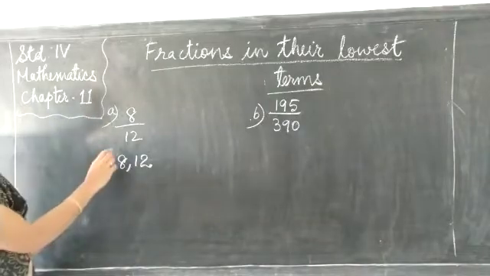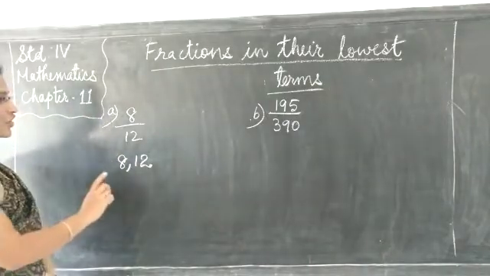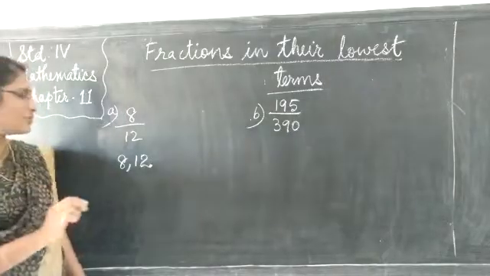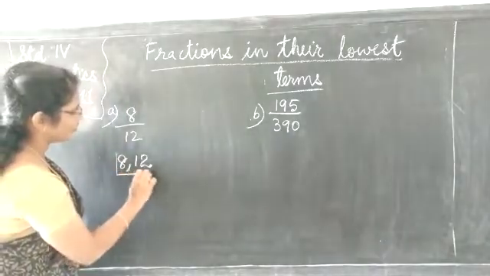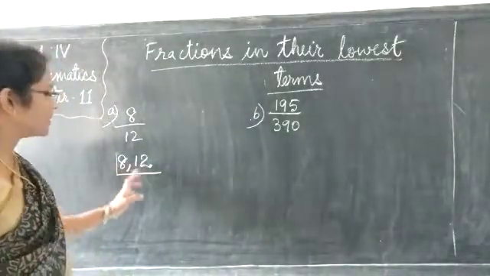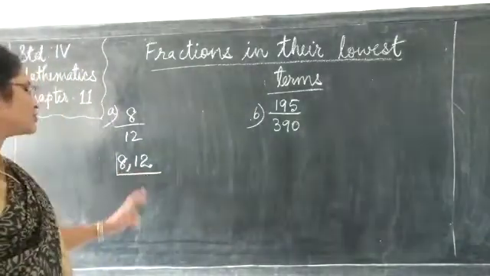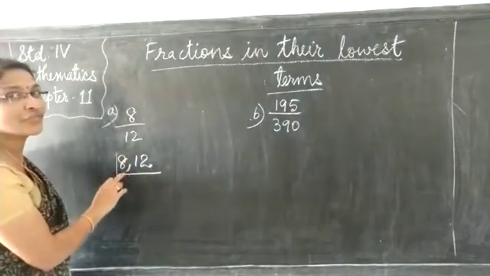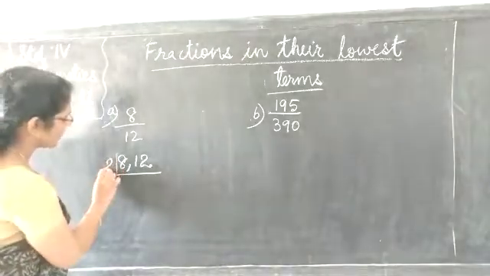Okay. Now, we do the division of 8 and 12 by the smallest prime factor. Which is the smallest prime factor? 2. Now, are they divisible by 2? Yes, 8 and 12 are divisible by 2. So, we are going to divide 8 and 12 by 2.